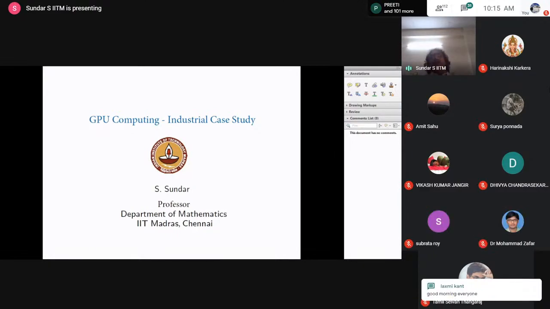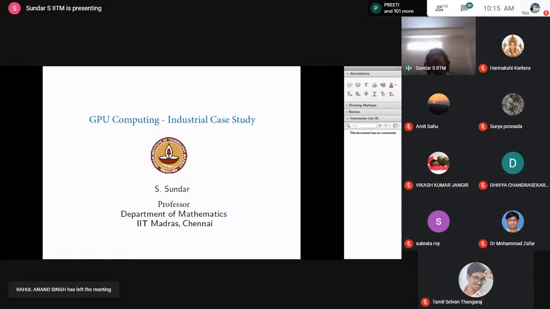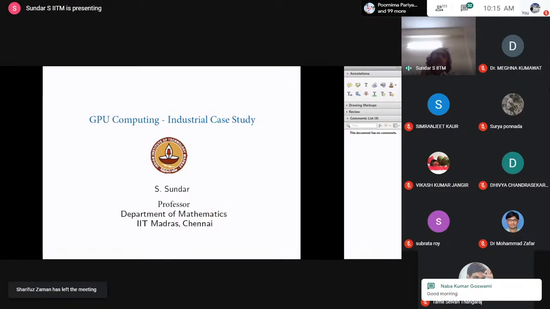As you all know, GPU is a graphics processing unit. Earlier it was used only for computer games. The GPU, what we know from the hardware side, is produced by NVIDIA.